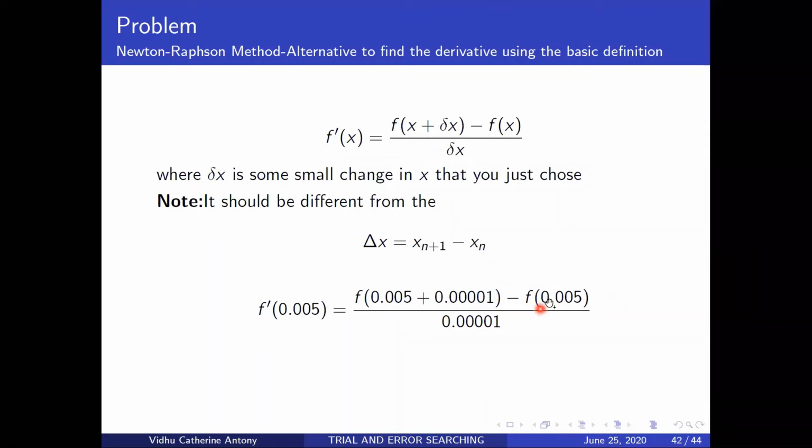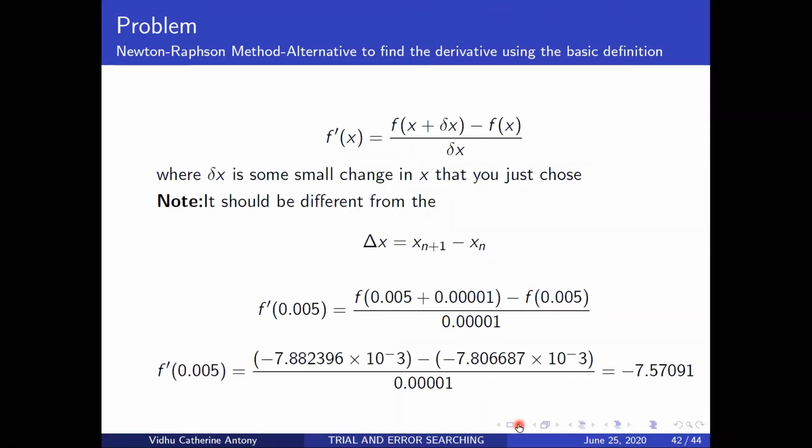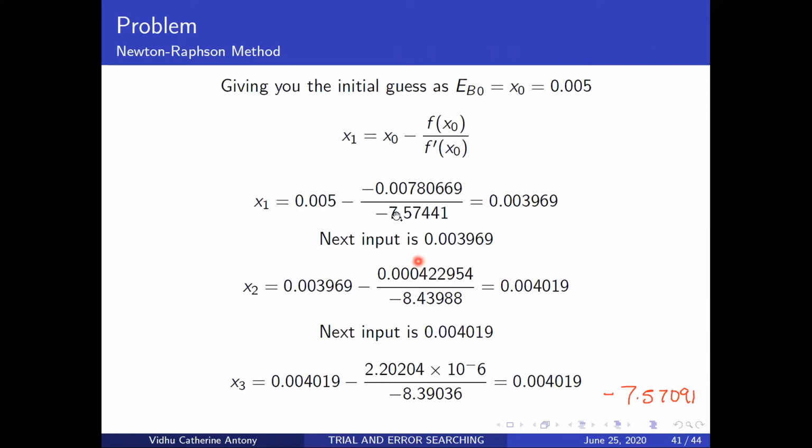I compute this value and I realize I get minus 7.57091. That's what I get. If I look back at this, it is somewhat close to this value. Now you can try doing it for this derivative. You can try feeding this value in. I will show you how I did it, but you can try it yourself.